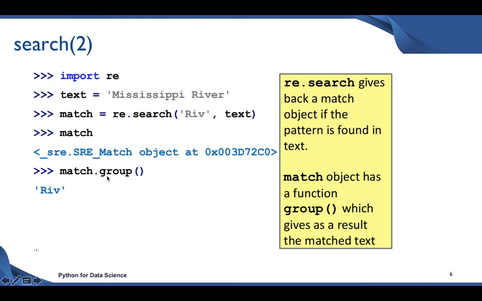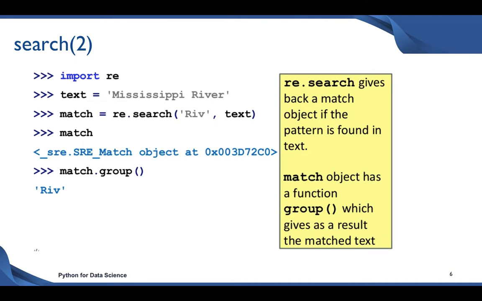But if you want to see what text it has matched, then you can see it by using match.group, right? So re.search gives back a match object if the pattern is found. If the pattern is not found, it will not give you the match object. And if you want to see what result it has matched, you can see it by using match.group.